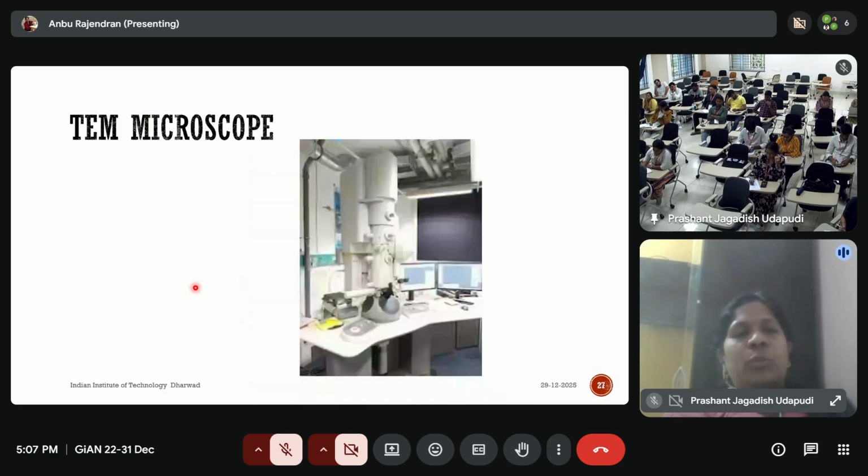Similarly, separate equipment is available, that is the TEM microscope. It again serves the purpose of getting microstructural details at a little higher magnification than SEM.